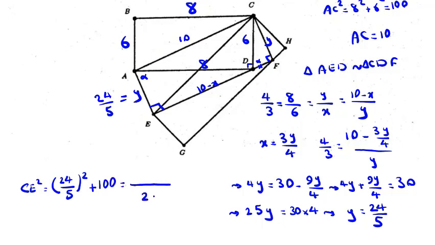Here the denominator will be 25, and 24 squared is 576 plus 25 times 100, which is 2,500, which will be 3076 over 25.